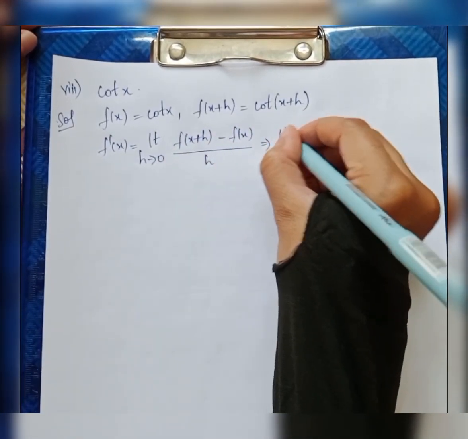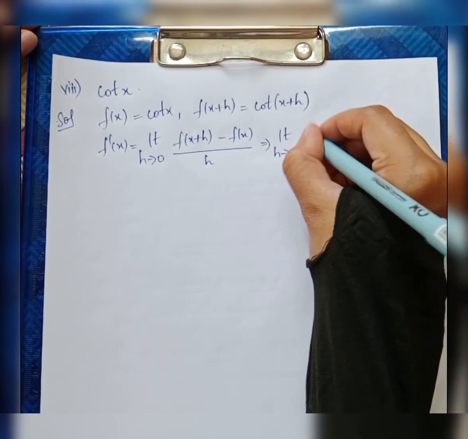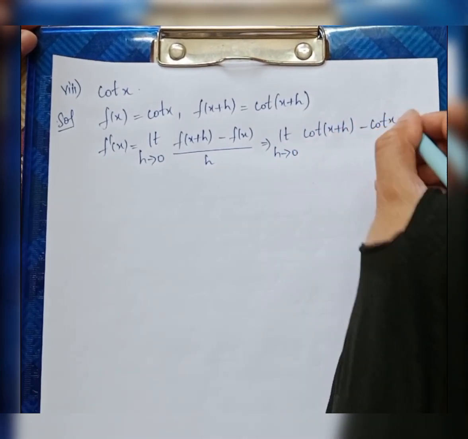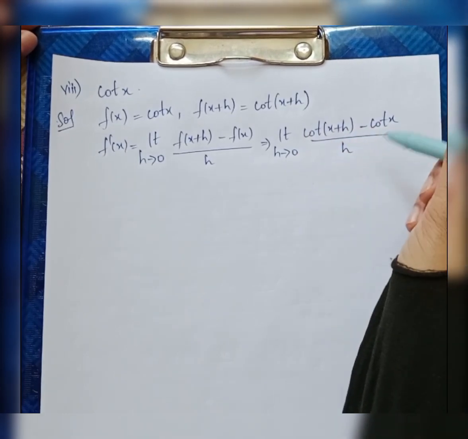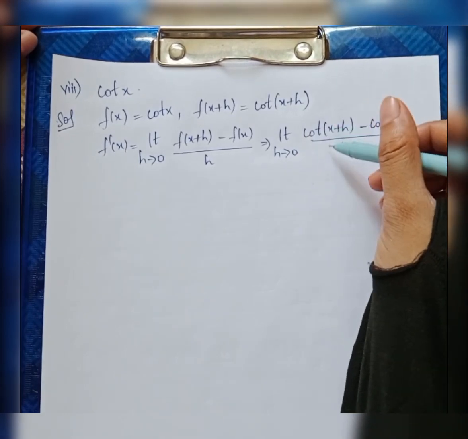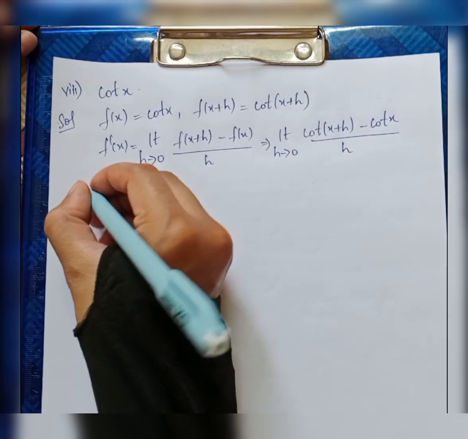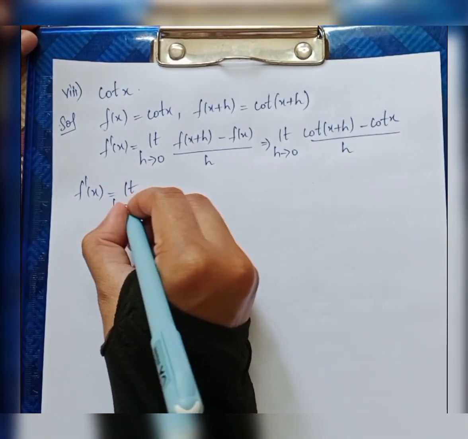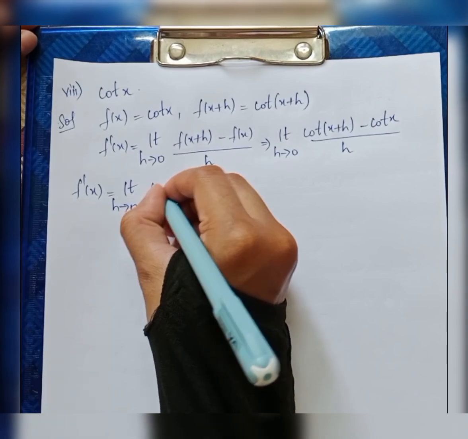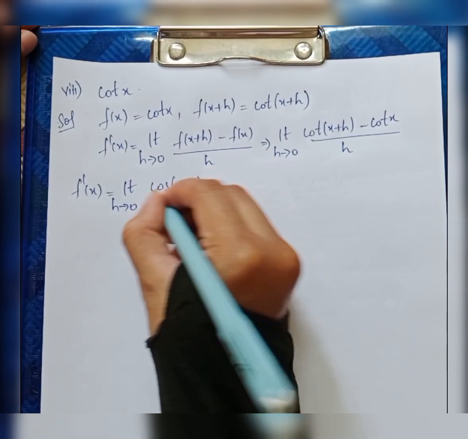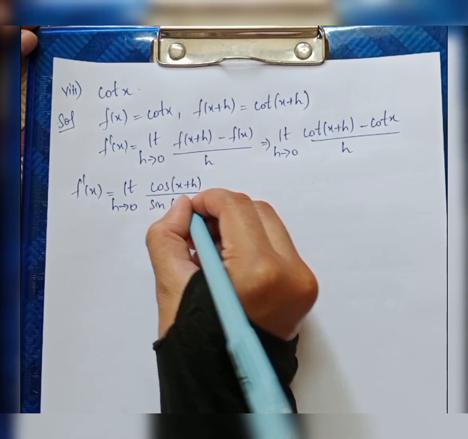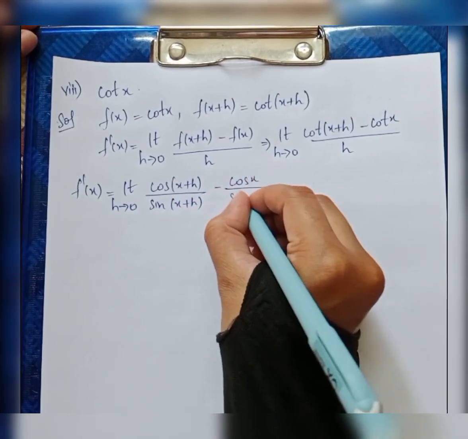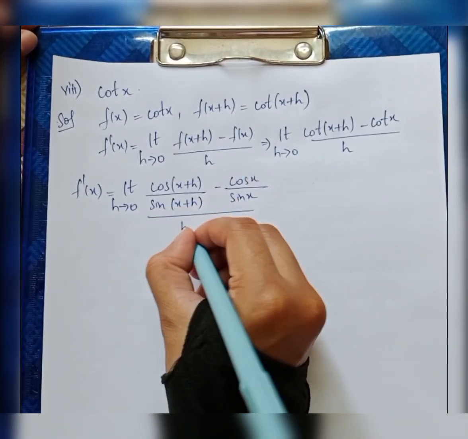So this can be written as limit h tends to 0 (cot (x plus h) minus cot x) by h. Now cot is cos by sin, so we'll write f dash of x is equal to limit h tends to 0, write it as (cos (x plus h) by sin (x plus h) minus cos x by sin x) whole by h.